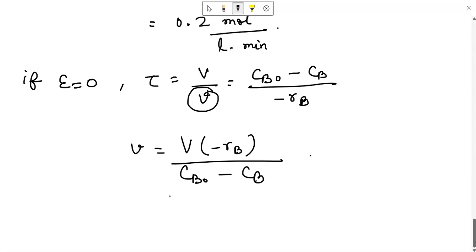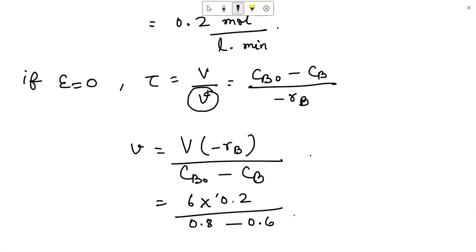Now if you just plug in the values, V was 6 liters, minus rB is 0.2 moles per liter minute, divided by 0.8 minus 0.6. CB0 was 0.8, final CB was 0.6. So you will get 6 liters per minute.